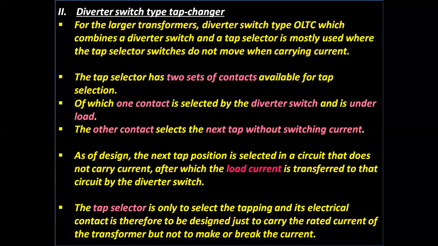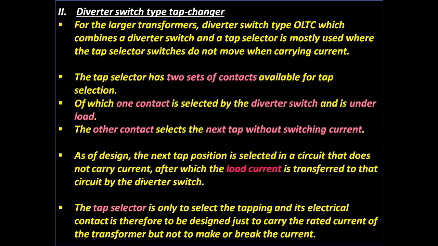Diverter switch type tap changer. For large transformers, that is above 20 MVA, the diverter switch type OLTC, which combines a diverter switch and a tap selector, is mostly used, where the tap selector switches do not move when carrying current.